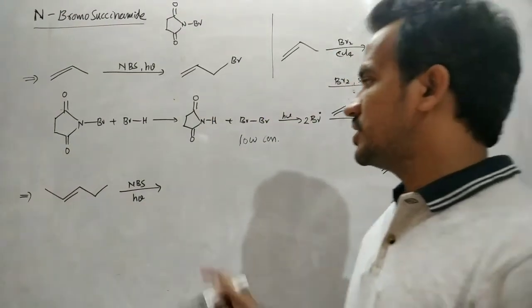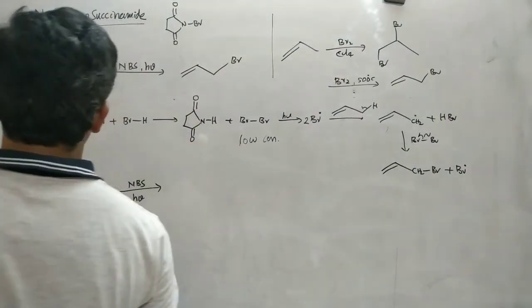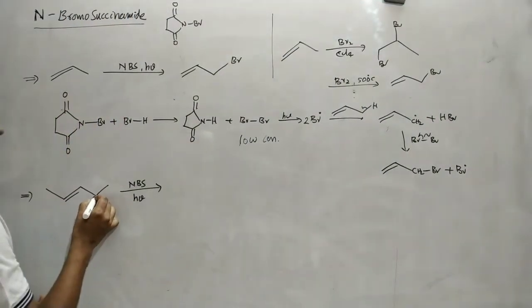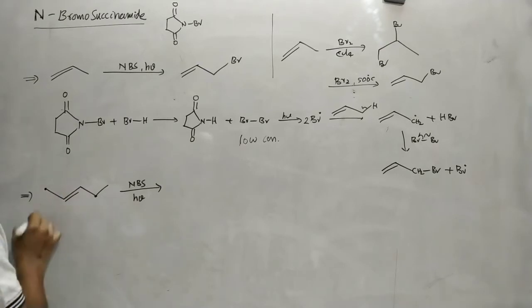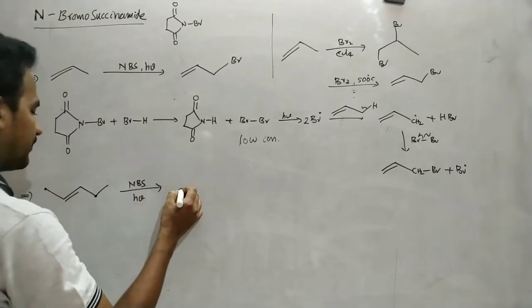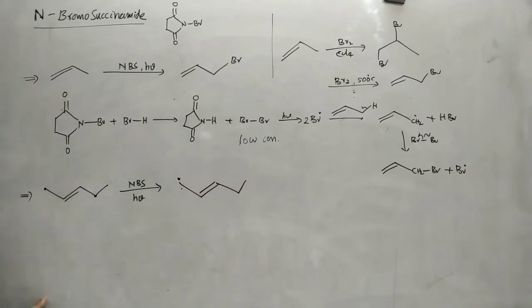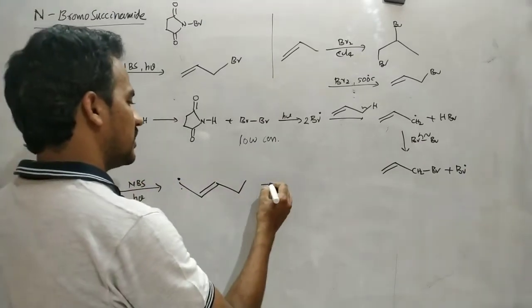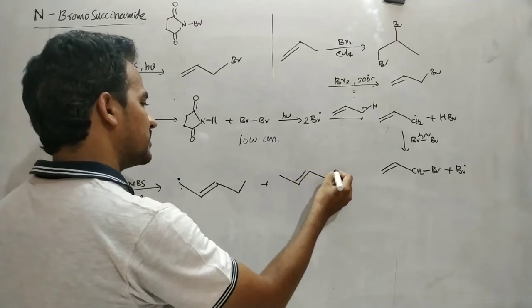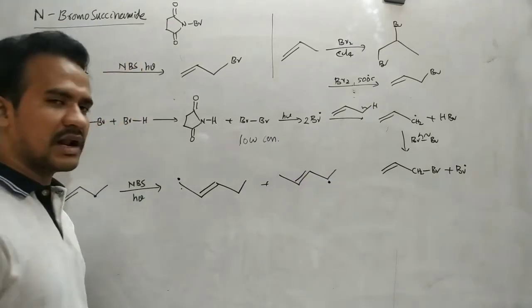Suppose there are two allylic carbons. If you remove the hydrogen from this one, we get a primary allylic radical, and if you remove the hydrogen from this carbon, a secondary allyl radical.